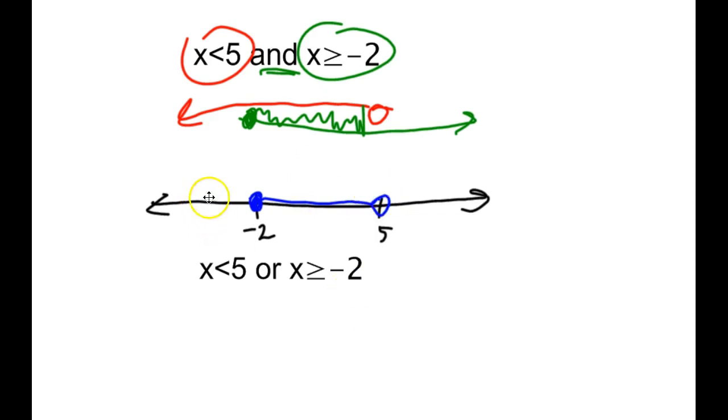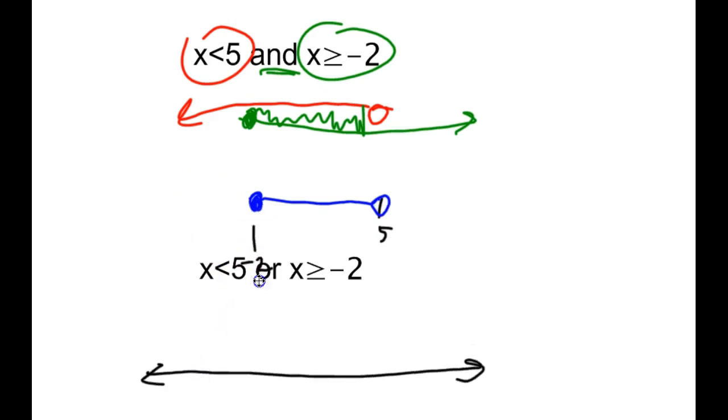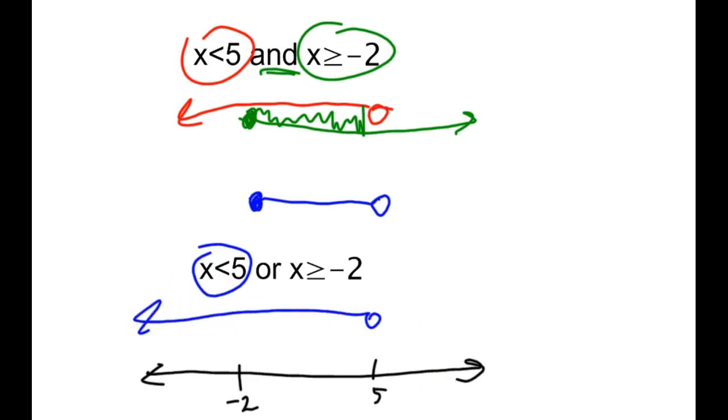Similar for this. If I were to bring this down here, -2, 5. Okay, if I do this one, now I'm saying x is less than 5, that looks like this. Or x is greater than or equal to -2, looks like this.